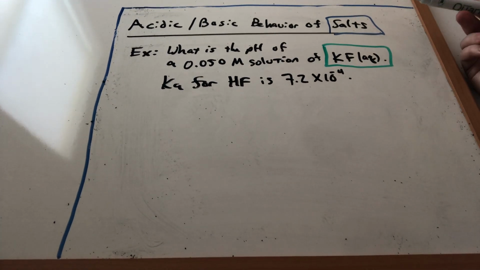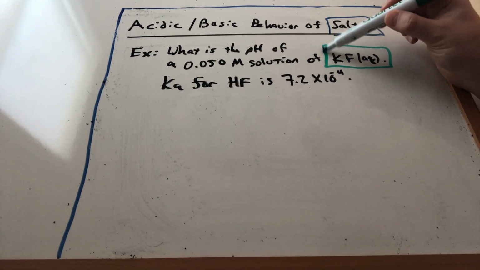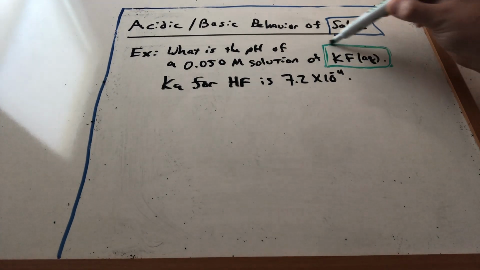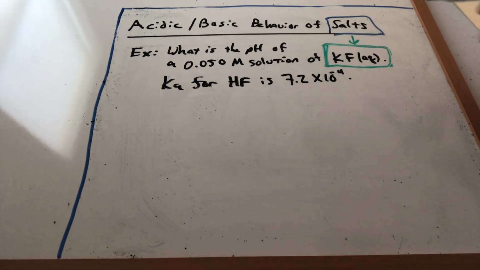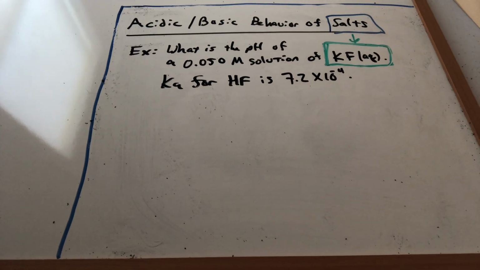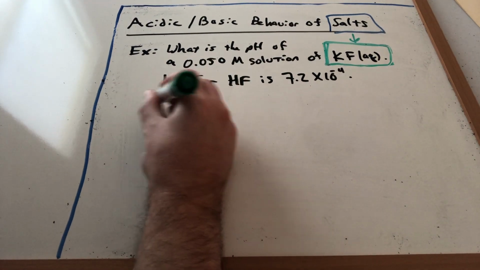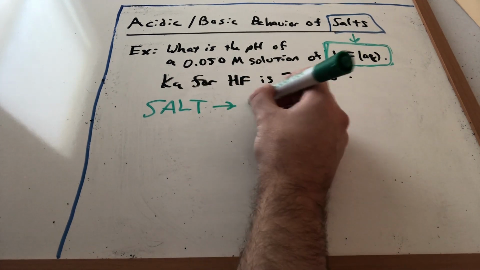So just like earlier in the semester, whenever you see that you don't have one of those forms that we were just looking at for acids and bases, and in fact, we have a salt, metal and a non-metal, or something that acts like a metal and a non-metal, then to start the problem, if you see that you have a salt, you do a dissolution, all right?